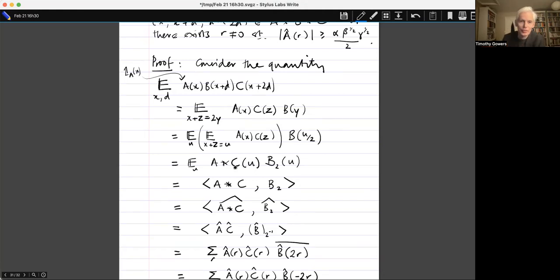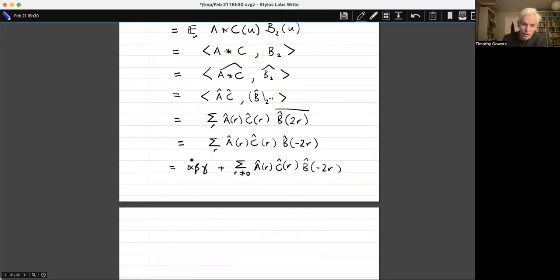So in that case, if I take a triple x, x plus d, and x plus 2d, the probability that x lies in A, x plus d lies in B, and x plus 2d lies in C is exactly alpha, beta, gamma. So the average of this quantity here, or the expectation of this average, will be precisely alpha, beta, gamma. So this alpha, beta, gamma is saying this is sort of what we expect to get.